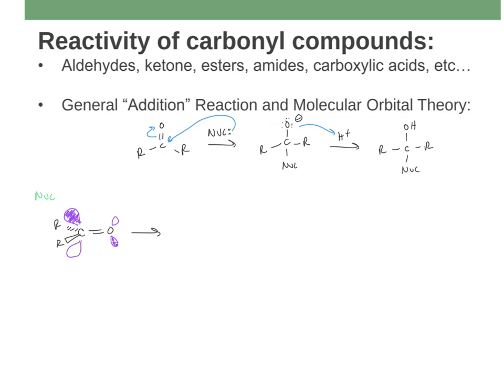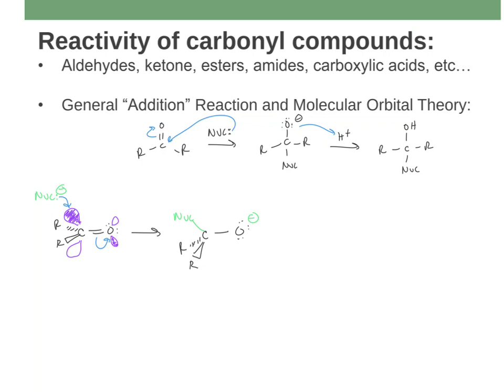Remember that when my nucleophile attacks, and let me add some electrons on my nucleophile, it's dumping those electrons into that molecular orbital, which causes the pi bond to break. If I draw this over here again, this gives us the carbon with the O, an R group, another R group, and now this oxygen has 3 lone pairs, whereas before it only had 2 lone pairs. And now my nucleophile is attached, and we've got a negative charge on the oxygen, assuming there's a negative charge on this nucleophile.